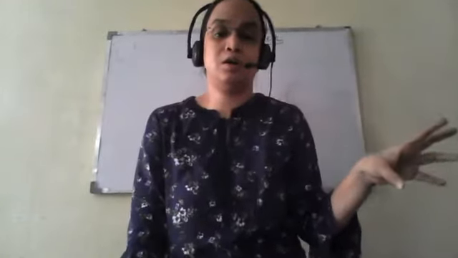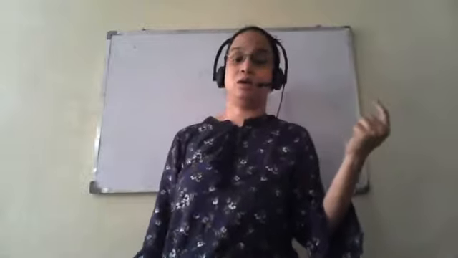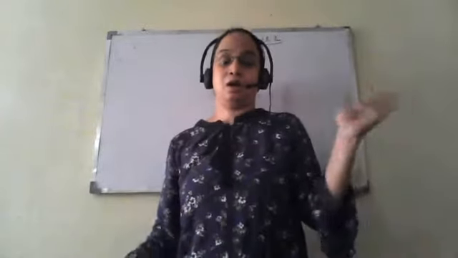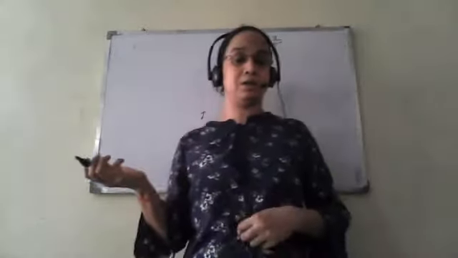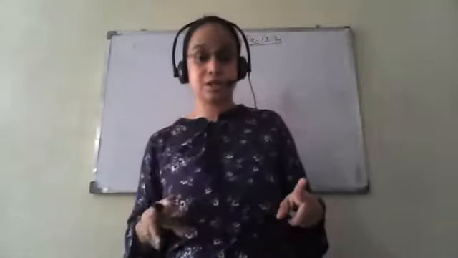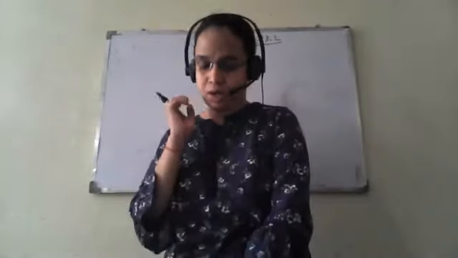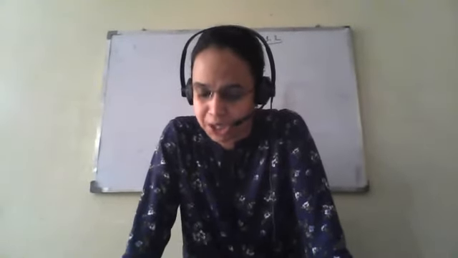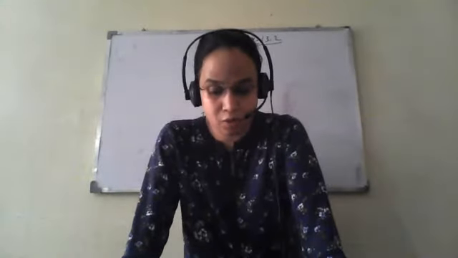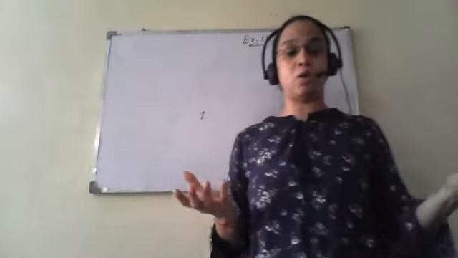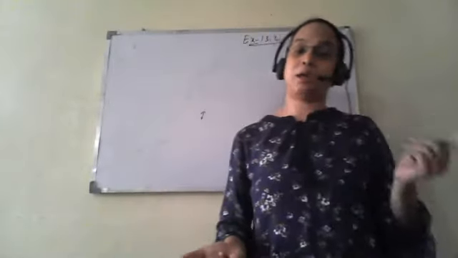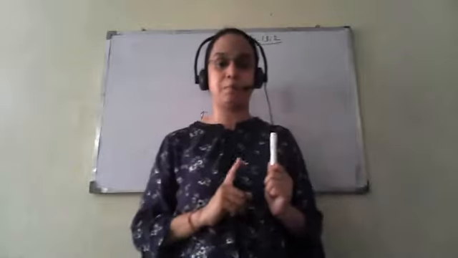Suppose there is a task, if the number of workers is increasing, then definitely the time required to complete the task will decrease. So this is a case of inverse proportion. Clear? Now the second part is time taken for a journey and distance traveled at a uniform speed. Now speed is constant. If the distance is more, time required will be more, and if the distance is less, time required will be less. So it is a case of direct proportion.